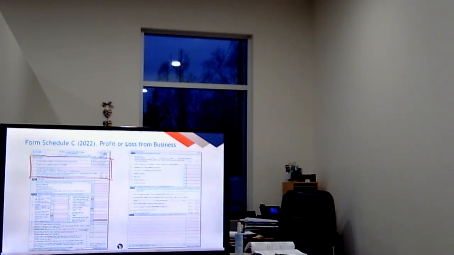Yes, I've had qualified joint ventures which were 90-10 and 51-49, and it would be whatever the percentages are. So if there's 100,000 in income total, then it would show 51,000 on the majority partner and 49,000 on the minority partner. But otherwise, if it's 50-50, then the two Schedule Cs would basically be identical, yes.